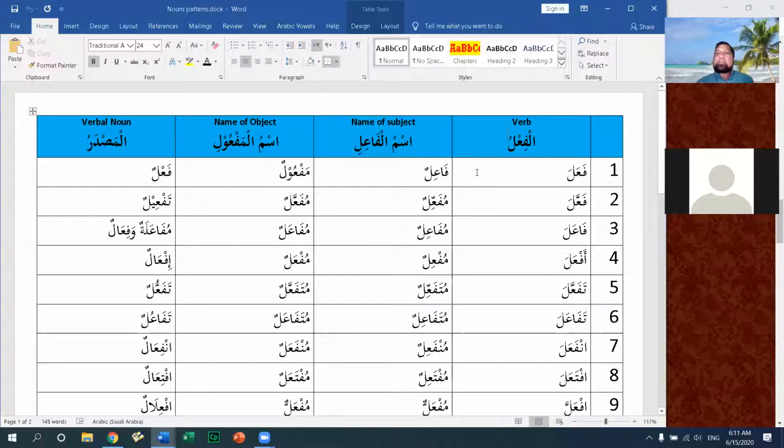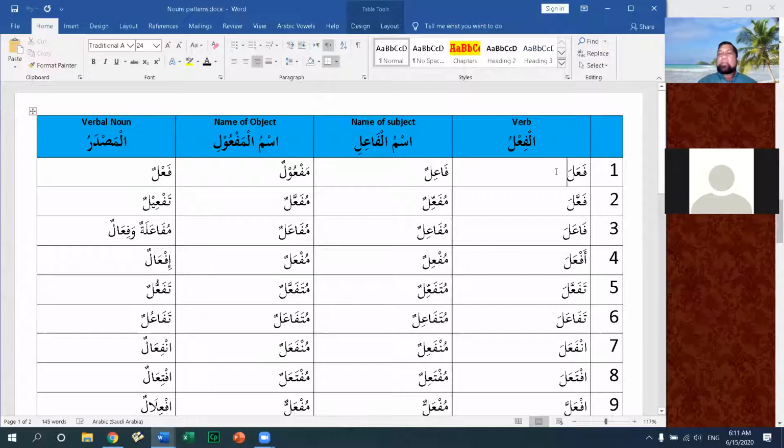So first, what I want to explain is the concept, so you understand the concept in English, and then we'll go ahead and study it in Arabic. So you have a verb, you have a subject. So to give you an example, if we were to say drink, he drank.